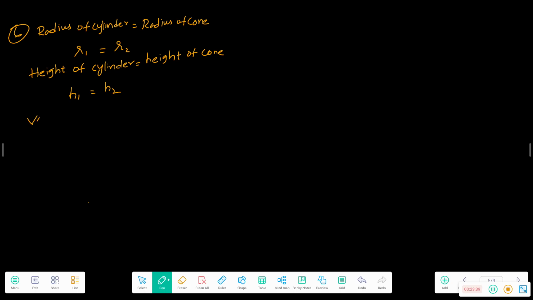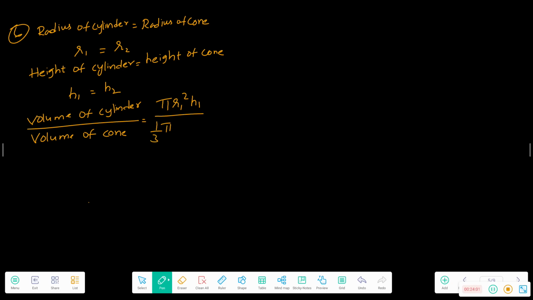Now, they asked you to find the volume of cylinder by volume of cone. So volume of cylinder is pi R1 square H1, and volume of cone is 1 by 3 pi R2 square H2. So if you see, pi cancels, R1 and R2 are equal so they cancel, H1 and H2 cancel.